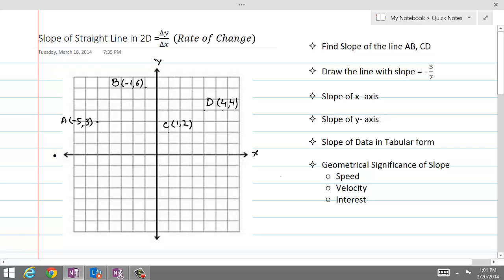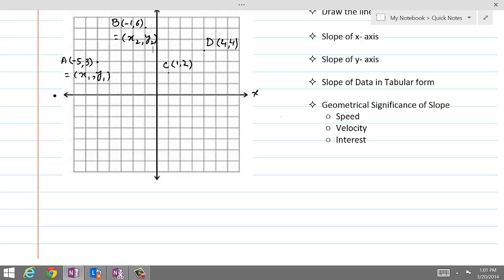If we want to find the slope of line AB, let's call A as x1, y1, and B as x2, y2. Then, how much change has occurred while going from point A to point B?